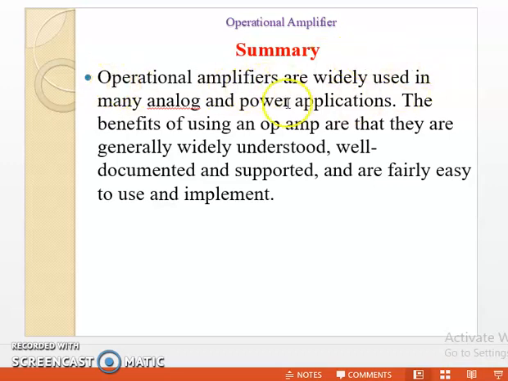Operational amplifiers are widely used in many analog and power applications. The benefits of using op-amps are that they are generally widely understood, well documented and supported, and are fairly easy to use and implement.